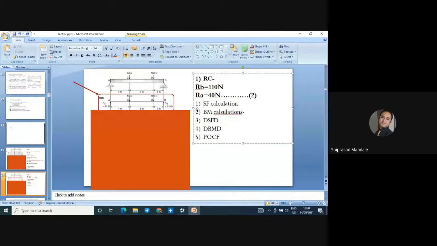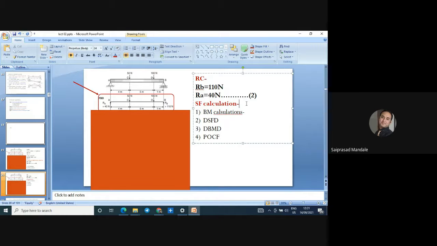We have calculated RA and RB. Now step number 2, SF calculation.